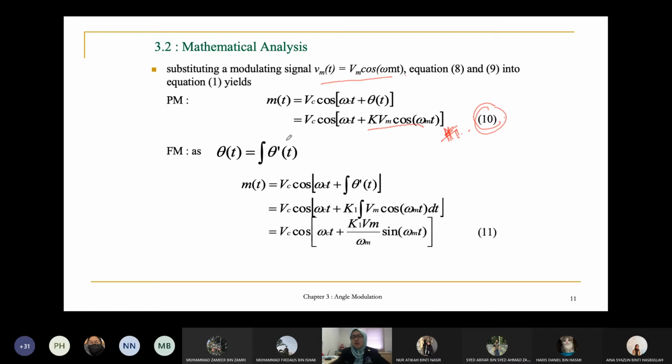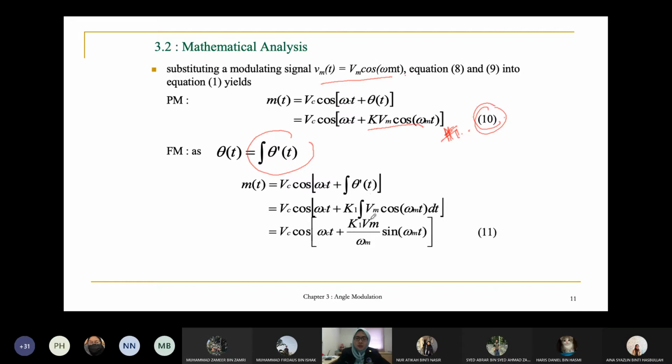For frequency modulation, you already know that θ'(t) is the derivative of θ(t), so θ(t) is equal to the integral of θ'(t). The modulated signal becomes m(t) = Vc cos(ωct + ∫θ'(t)dt). Putting in the values, it becomes Vc cos(ωct + ∫k1 Vm cos ωmt dt).